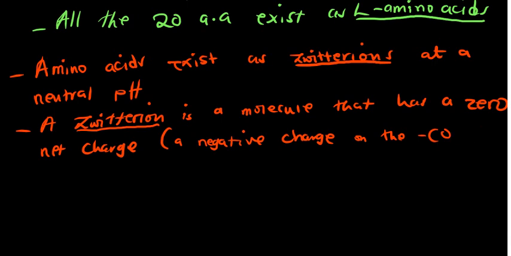So it will be like this. So we have a negative, then the amino group. So we have NH3 plus. So that means you are going to have something like this. So this means you have a zero net charge. So that's what we mean by Zwitter ions.